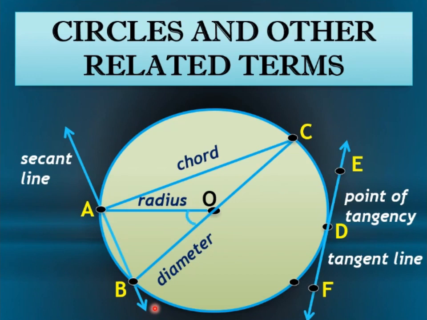An angle formed by any two distinct radii of a circle, so the line segments OA and OB are the radii of this given circle, the angle formed by these is called a central angle, angle AOB.